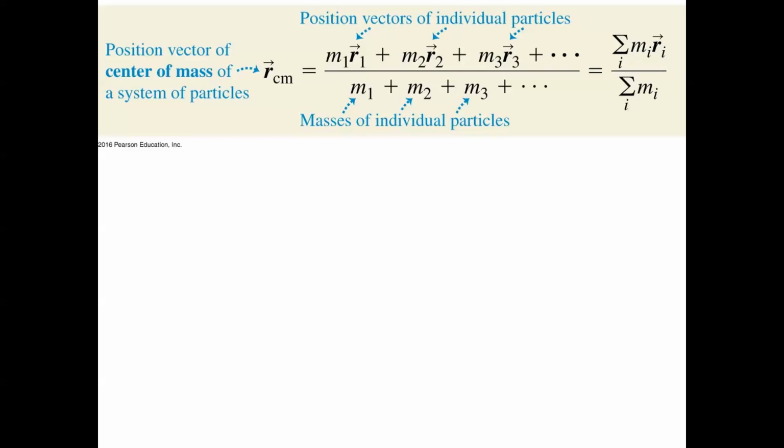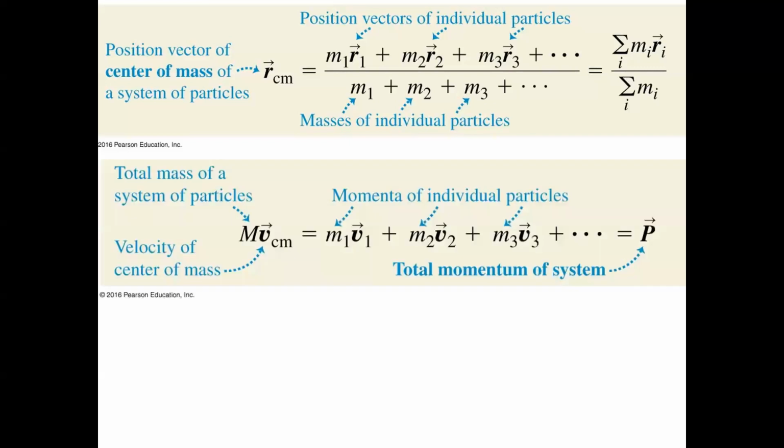So you add all the masses together and divide. In other words, we can write it as summation Mi Ri divided by summation Mi. This gives you the position vector of the center of mass, RCM. This is a very important equation to find the position vector of the center of mass.